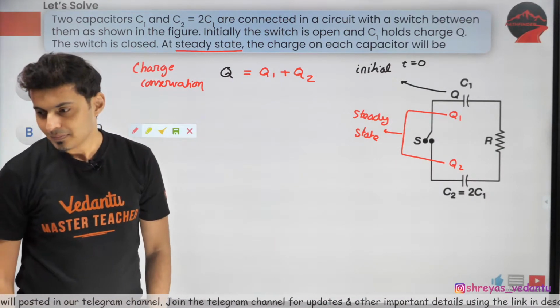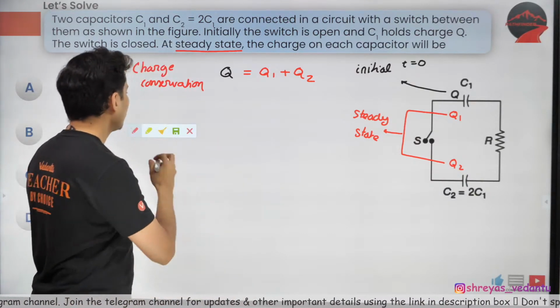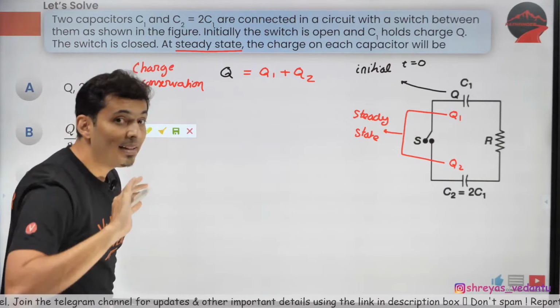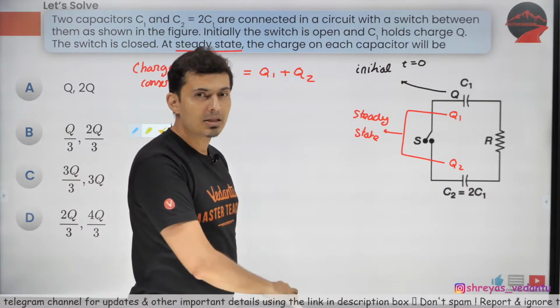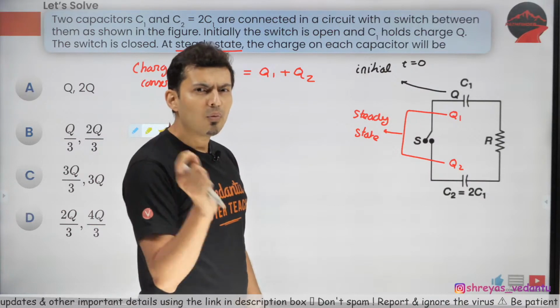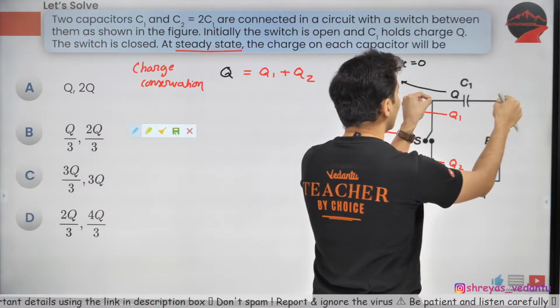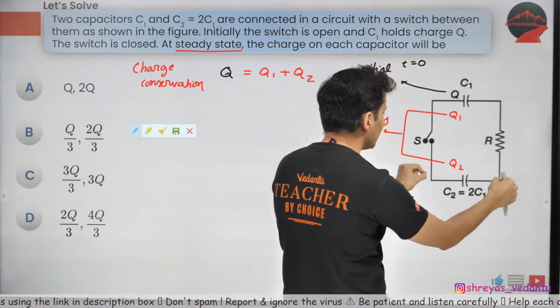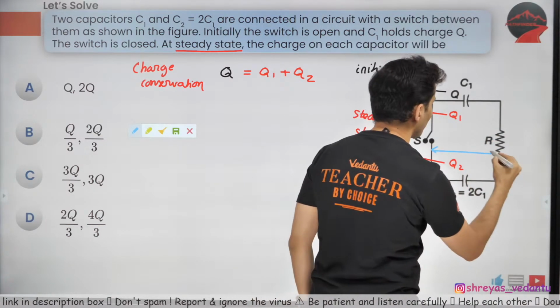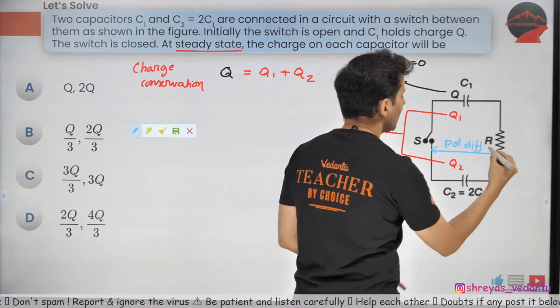Great. Now, the next concept over here is when the steady state is reached, the charges will stop changing. And when that happens, the voltage across this capacitor and this capacitor will be same. The potential difference will be same.